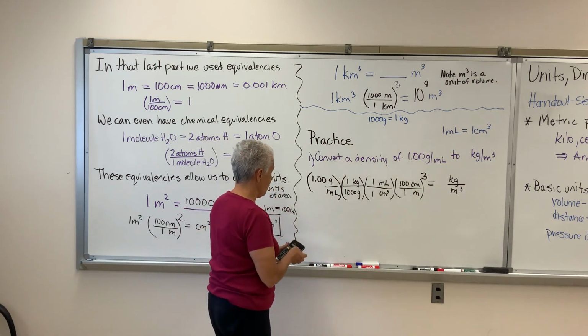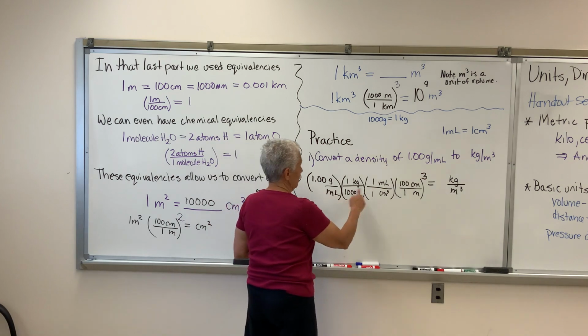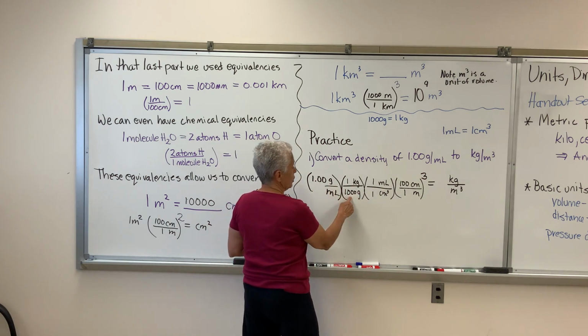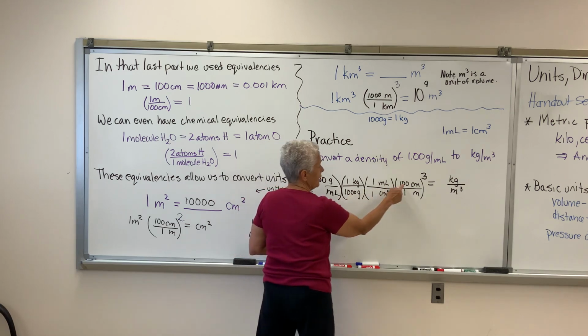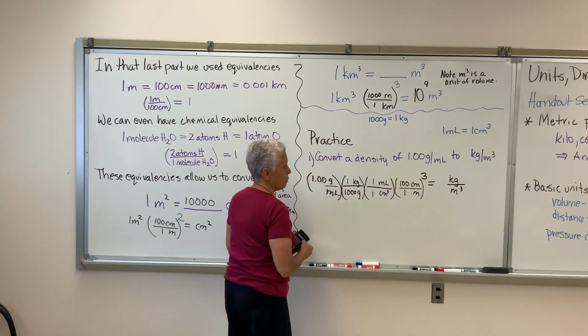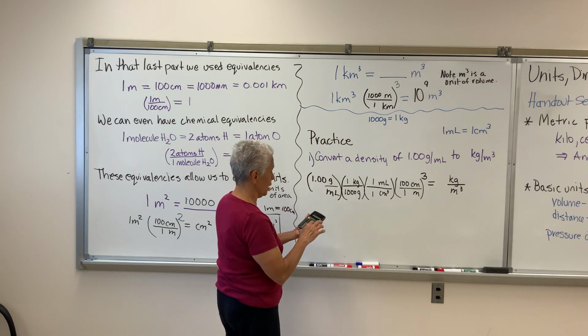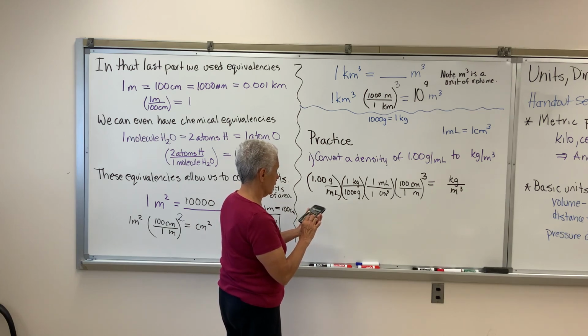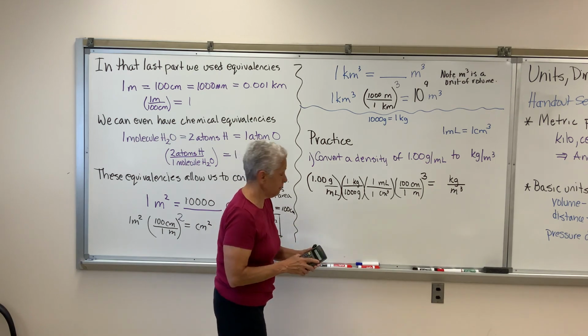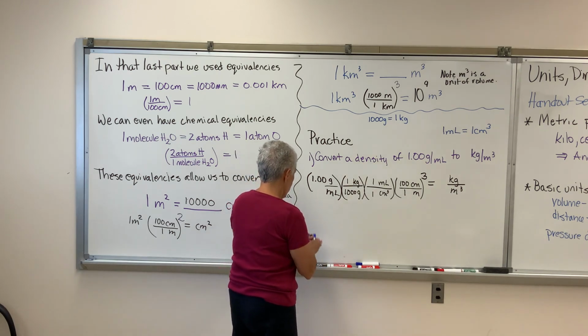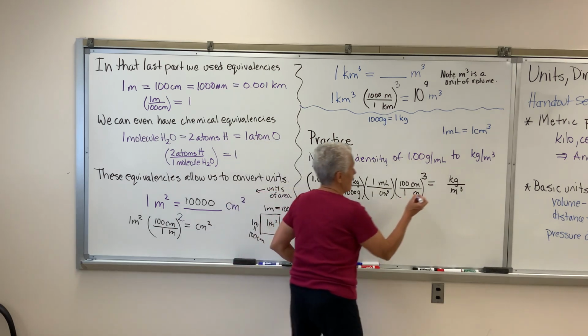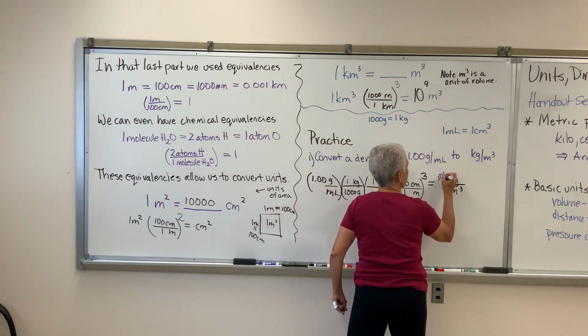So I have 1, and this is actually very straightforward because that's a 1. So this is 10 to the 3 here, and this is 10 to the 6. So I'm going to end up with 10 to the 3, but you can try it out. Divide by 1,000 times 100 cubed equals 1,000, right? And so then I have to decide how to write that 1,000. So my answer is 1,000.